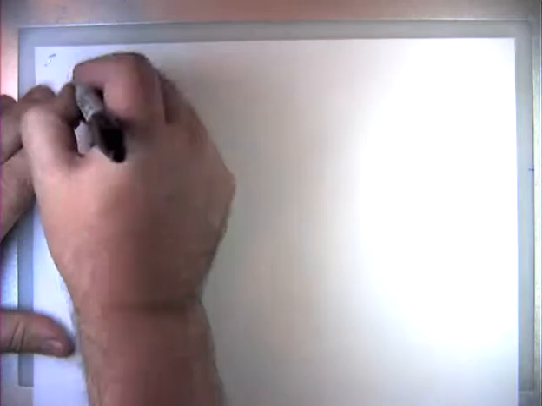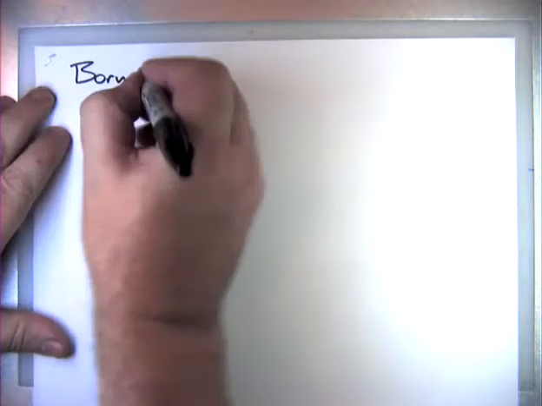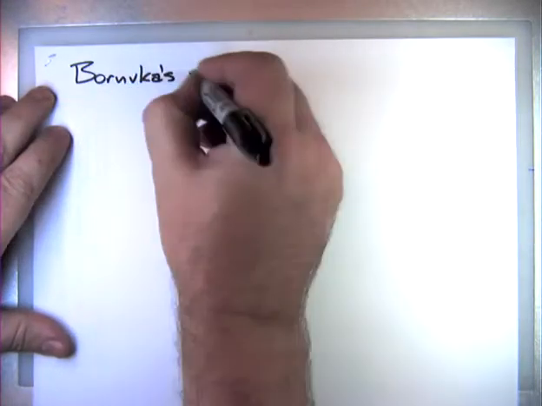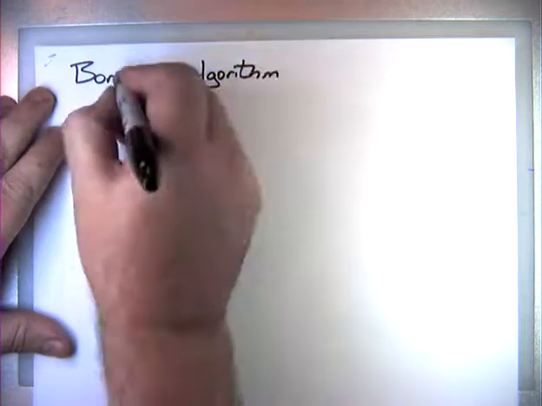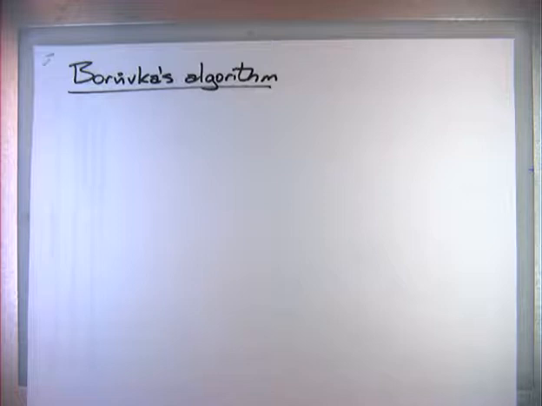I'm going to show you an algorithm you haven't, I think. This was the first algorithm. So Boruvka was a telecommunications worker in, I believe, Czechoslovakia in the 1920s.